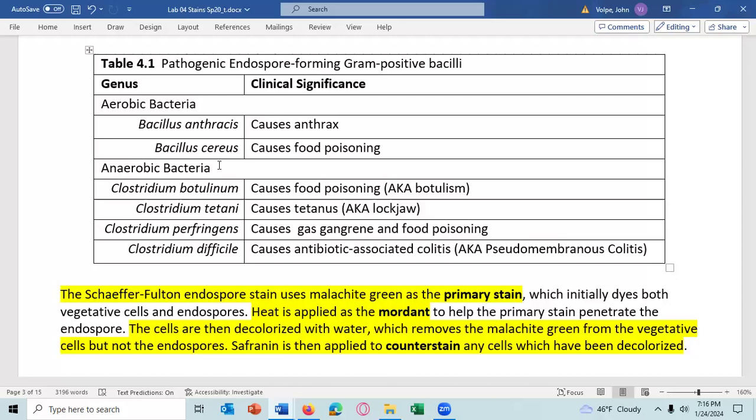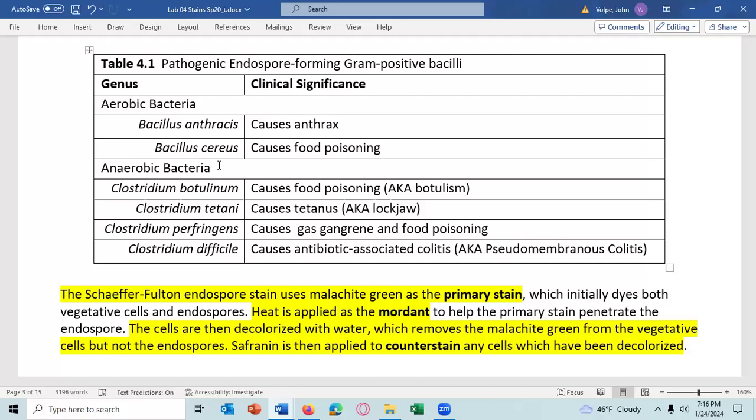So any cells which are stained will pick up the malachite green, and then the endospore negative cells will be decolorized by water. The endospore positive cells are not decolorized by water. So water is the decolorizing step.